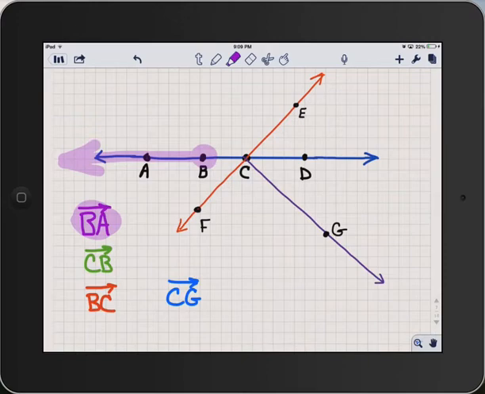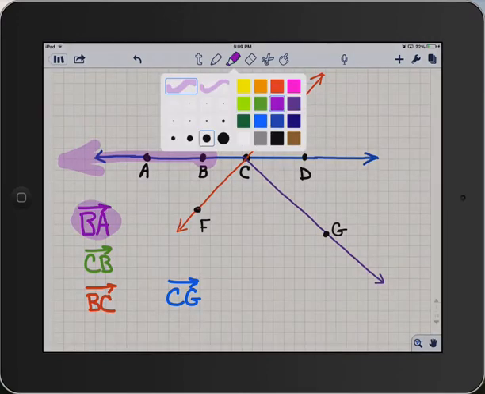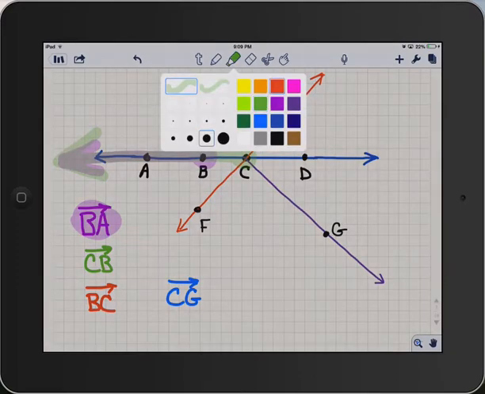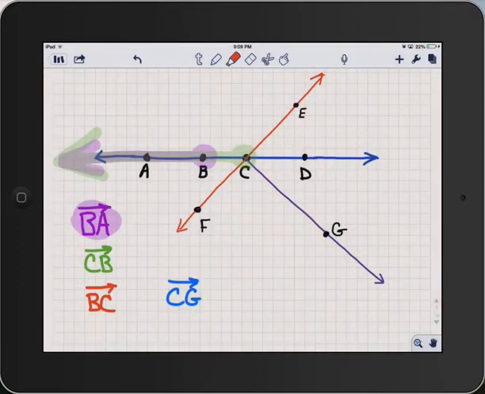Next one is Ray CB. Ray CB starts at point C, goes towards point B and beyond. The next one I have named is Ray BC, which is different than Ray CB, the previous one, because now point B is the endpoint.